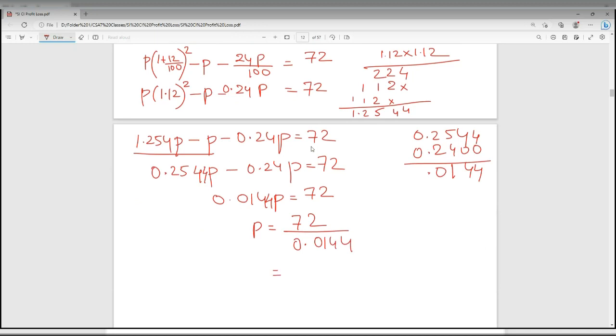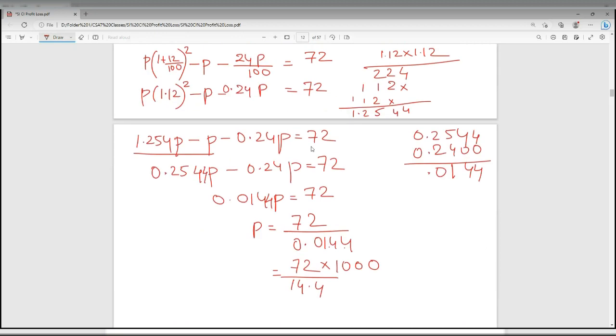I can write it as 72 divided by 14.4, having moved the decimal 3 places, times 1000.